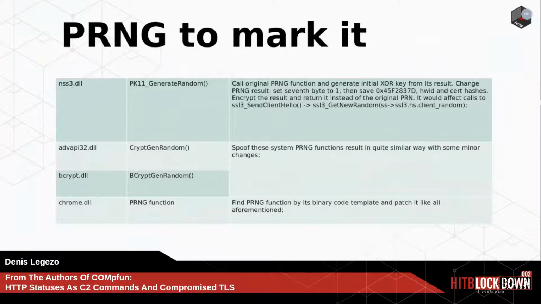And in reality, not so many libraries are in charge of generating these pseudo-random numbers. In the case of browsers, Firefox, Mozilla's browser, uses NSS, in this case nss3.dll. Chrome browser uses its own quite huge DLL, dynamic linked library. And native Windows applications using the Windows API use a quite obsolete function from Advapi32, like CryptGenRandom.